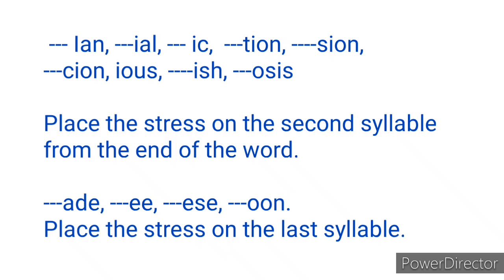So stay tuned to the end of the video. If a word ends in any of these suffixes, IAL, IC, IA, SION, CION, TION, IOUS, ISH, you should stress the second syllable from the end of the word. You should place the stress on the second syllable from the end of the word.